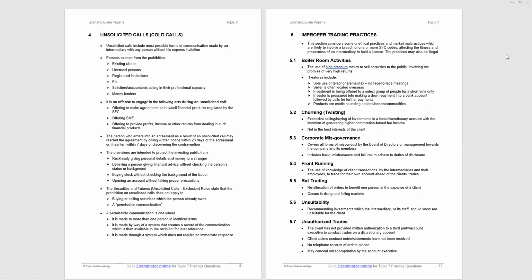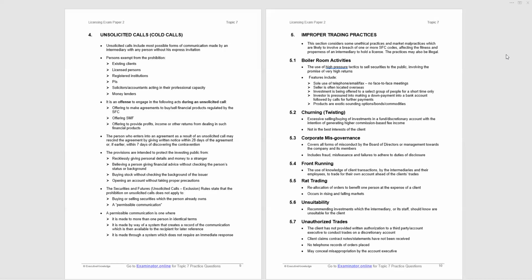So running through them quickly, boiler room activities is the use of high pressure sales tactics to sell securities, usually combined with cold calling. Churning is where you're buying and selling investments in a portfolio to generate broker commissions, and it's not in the interests of a portfolio client. Corporate misgovernance is the opposite of good corporate governance.